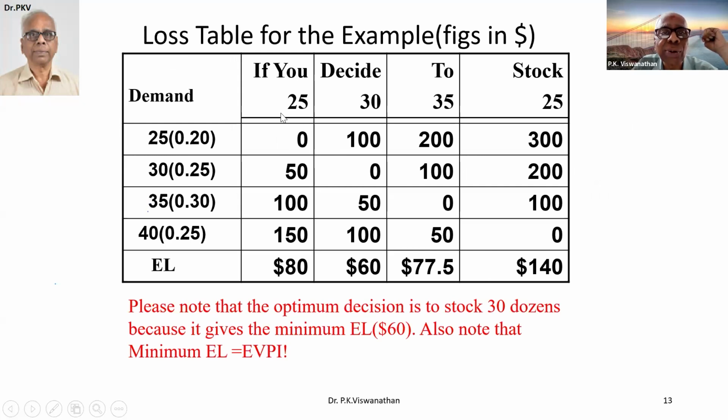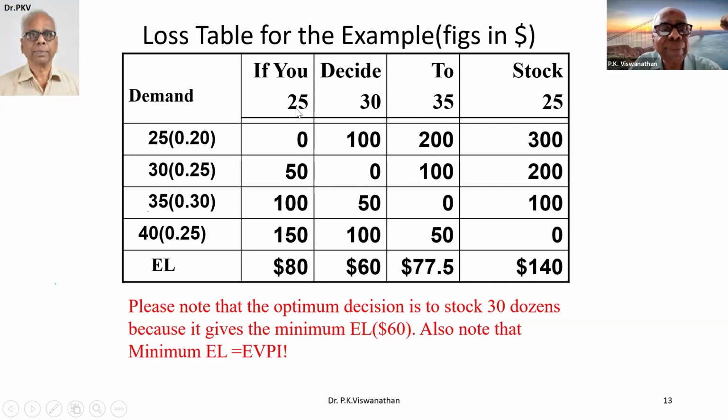In other words, I have stocked 20, the demand is 25, this is 0, no loss. Stock 25, the demand is 30, oh my God, I could have made another $50 profit because $5 into 10, $50 profit. I could have done that.